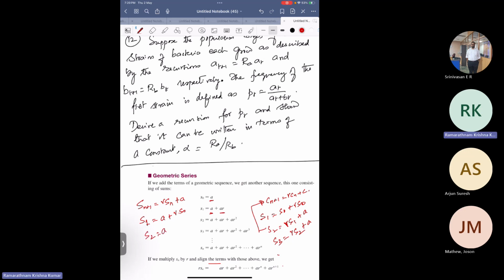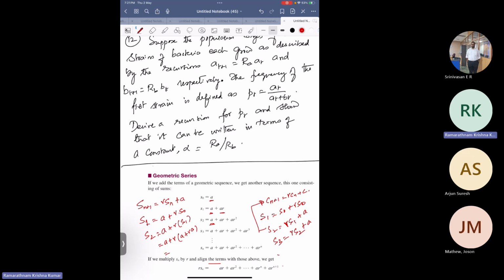S2 is equal to A plus R into S1. Am I right? This is how you should write. So what is that? A plus R into, what is S1? A plus R S naught, right? So what is S naught? A. So I'll just replace S naught by A.